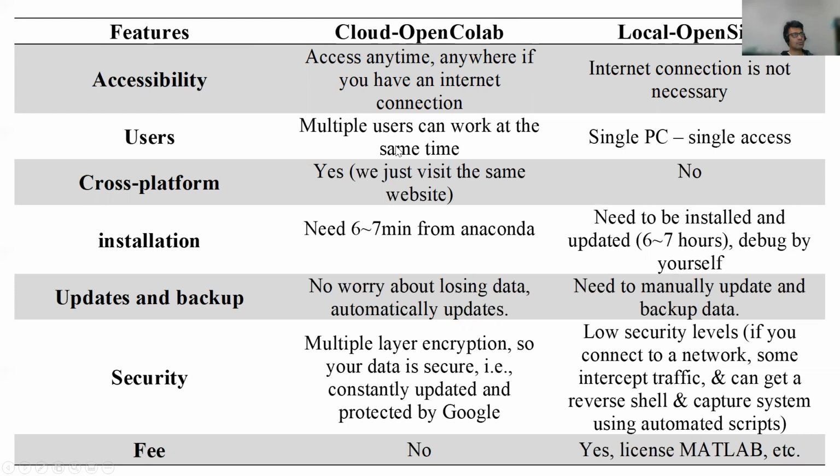Multiple users can work on one piece of code, but on a single PC, for instance, that's not possible. Cross-platform, as I said: Mac users, other users, just connected to internet, it doesn't matter what you're using. But with local, you would have different types of APIs, or you need to install different things. Installation, we made this very simple, like on Conda, 6 to 7 minutes. Just run it on the web, and that's it.